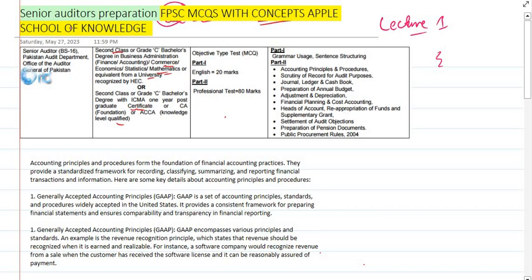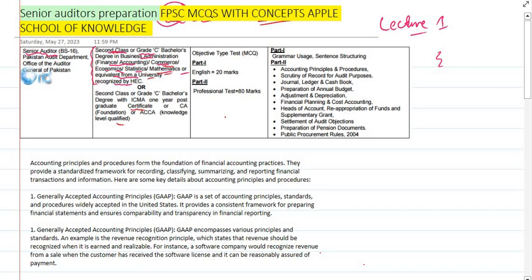First, let's talk about the eligibility criteria for senior auditor. If you look here, you see this one: second class or grade C bachelor degree in business administration, which may be in the field of finance, accounting, commerce, economics, statistics, mathematics, or equivalent from a recognized university.